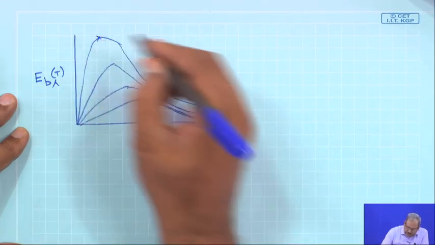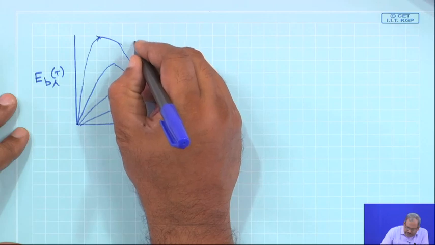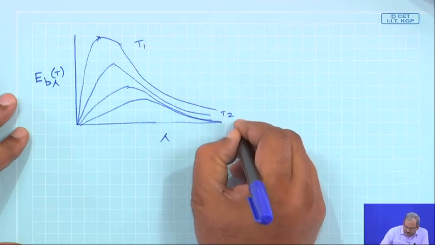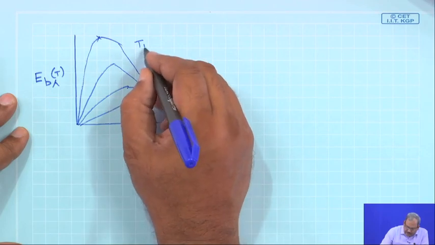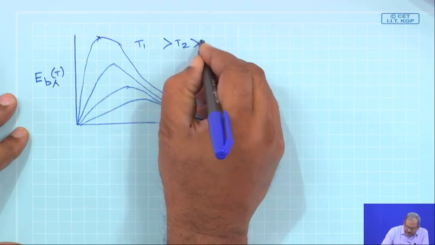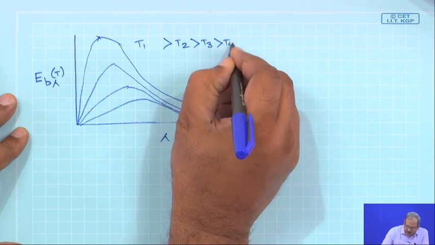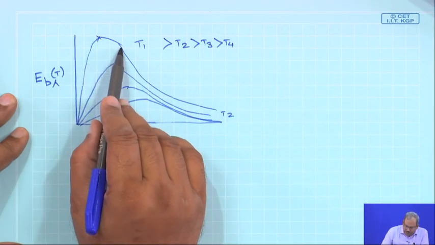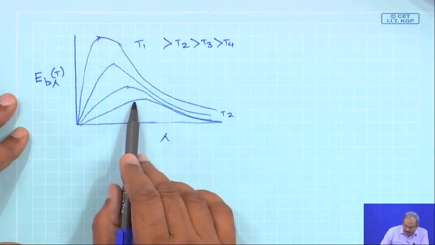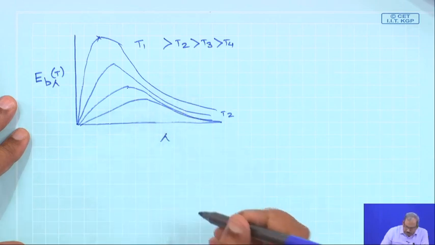So, these are at different values of temperature T1, T2, T3 etc., and T1 is greater than T2, greater than T3, greater than T4 and so on. The top curve corresponds to the highest temperature, the bottom curve corresponds to the lowest temperature.